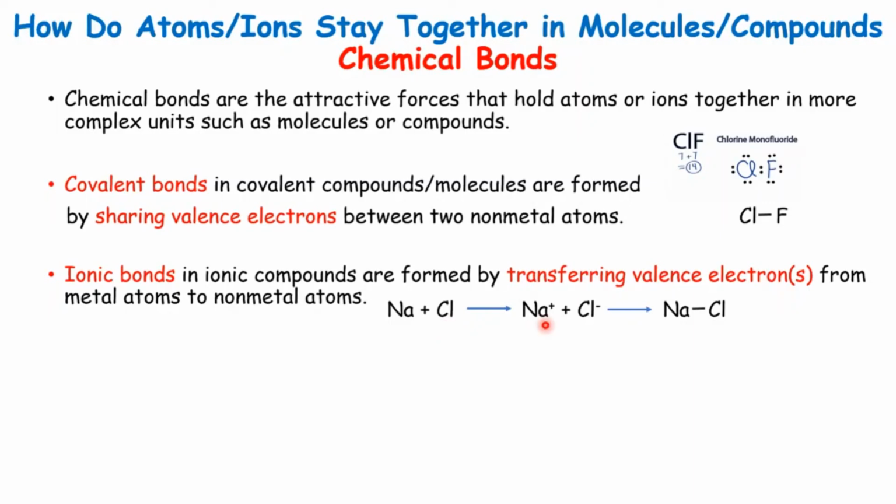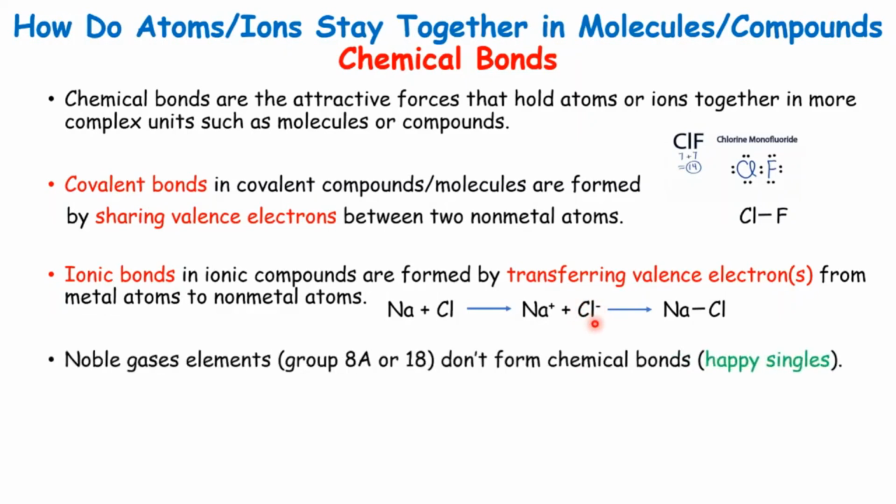Sodium loses 1 electron because sodium has 1 valence electron. It is very easy for sodium to lose 1 electron and form the more stable sodium ion, a +1 ion. Chlorine, on the other side, has 7 valence electrons. It loves to gain 1 more electron, a total of 8 now, to be more stable.